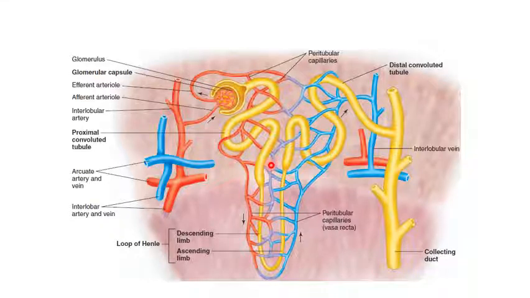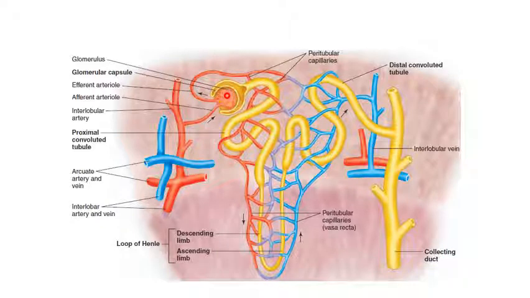Now, what is the difference between glomerular capillaries and peritubular capillaries? Glomerular capillaries are a network of highly convoluted capillaries which offer a lot of resistance to the flow of blood, and therefore the pressure of blood inside glomerular capillaries is very high, about 60 millimeters of mercury. This pressure is higher than the pressure inside the capillaries of the rest of the body.